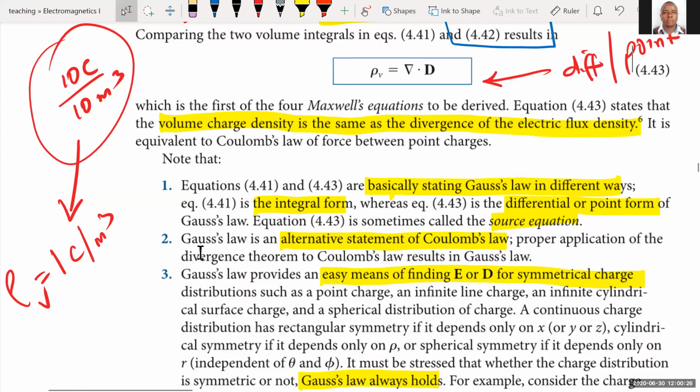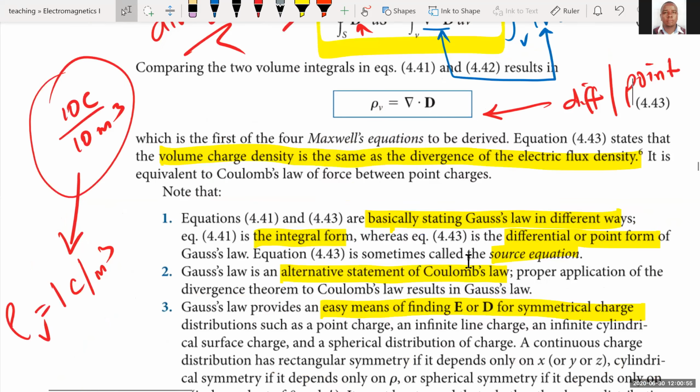The other point that we should observe is that Gauss law is an alternative statement of Coulomb's law; it states Coulomb's law in a different way. We are applying the divergence theorem to state Gauss law from Coulomb's law, just like you have seen.